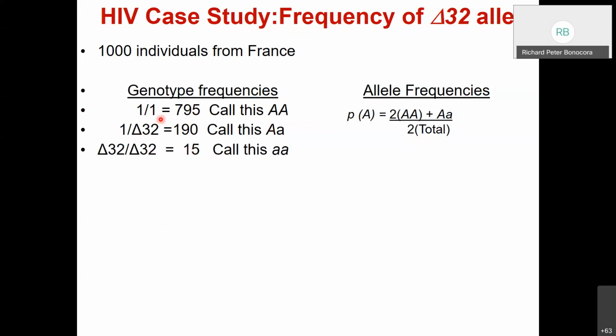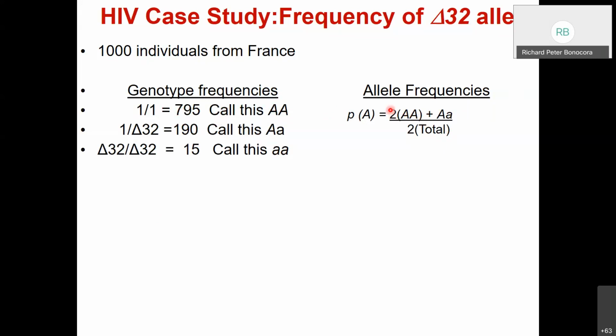And so I don't particularly like these designations, so I'm just going to switch to calling them either capital A for the wild type allele or lowercase a for the delta 32 allele. So we can write something like this. We want to figure out the allelic frequencies that are occurring in this population. So how many of the wild type alleles are there?